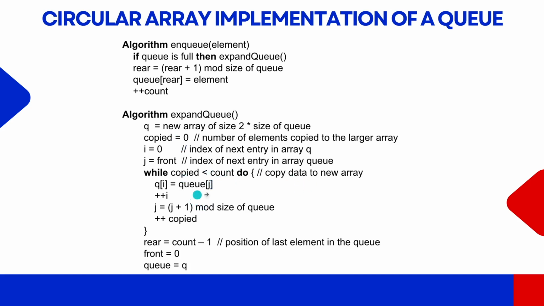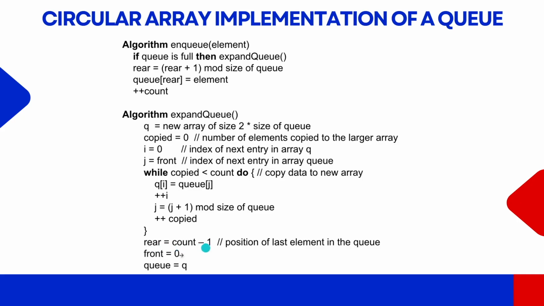We move the elements one by one from q to q, and every time as we move we increment i by 1, and we check whether we have not exceeded the array limits, and as soon as one element gets copied to the new array, we increment copied by 1. So we will be looping through this piece of code till all the elements are copied to the new array.